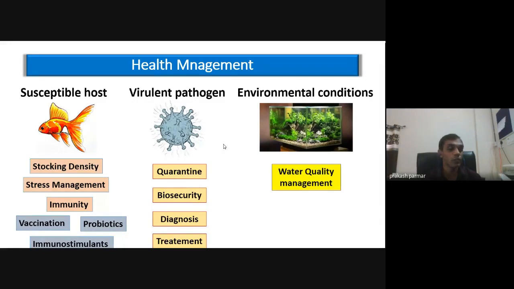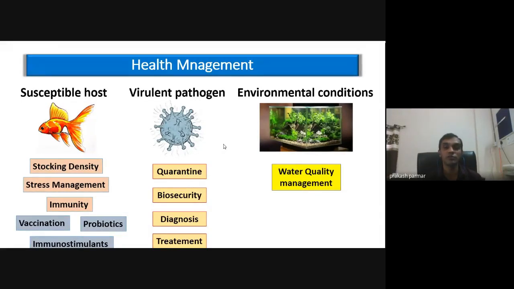It works for all the pathogens, not only bacteria, virus or fungi, and it stops their entry and fights against them. So immunostimulants are very important because we don't have vaccines for all the pathogens.